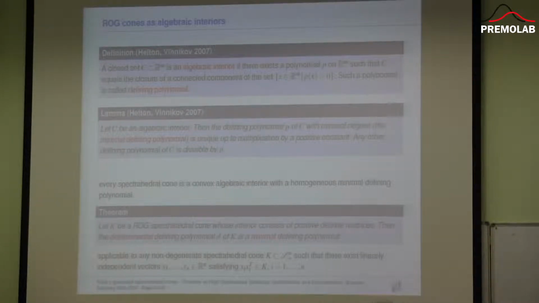And for the rank 1 generated spectrahedral cones, the determinantal polynomial will always be the minimal one. So this is an important point which these cones fulfill. But they are actually not the only ones that fulfill this condition.